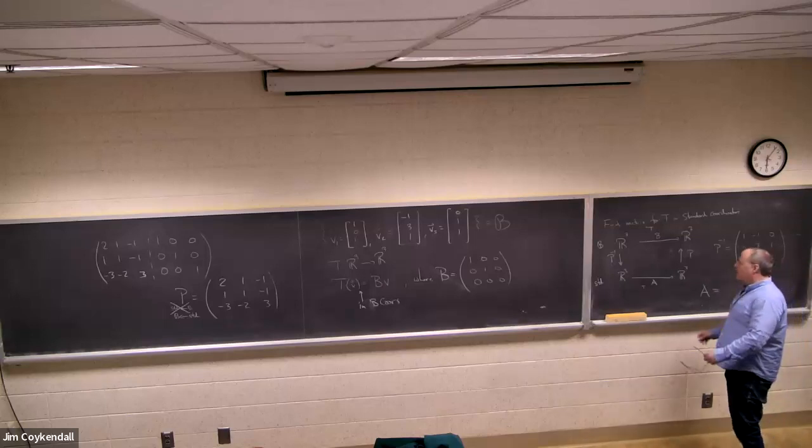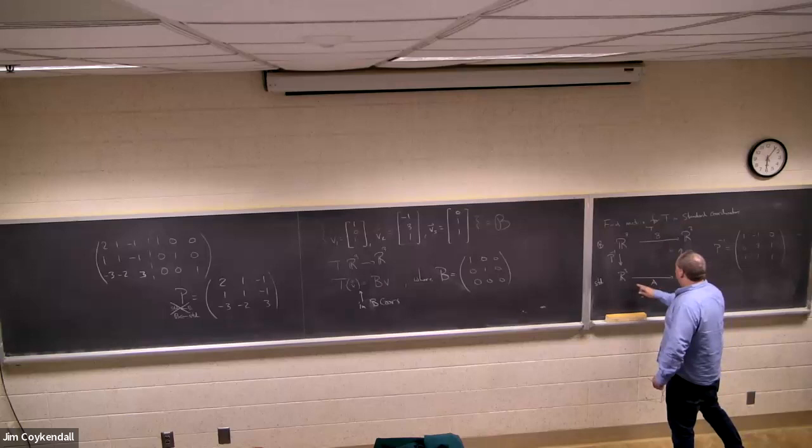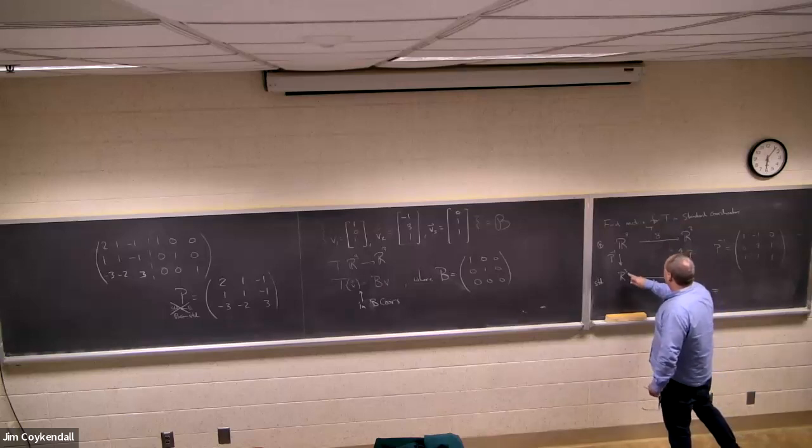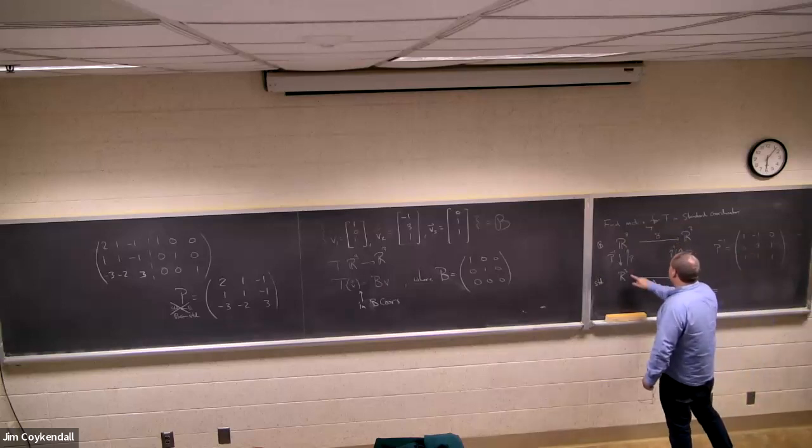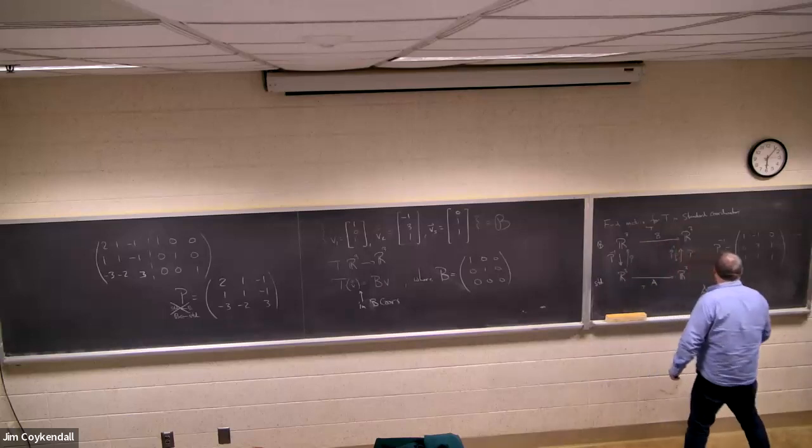Well, I'll do this two ways. Another way to do this is you can start here. Doesn't matter what way you do it. So getting A should be do P and then B and then P inverse.